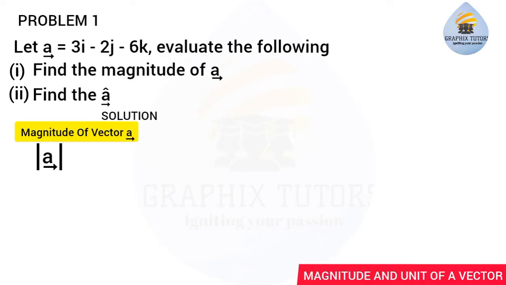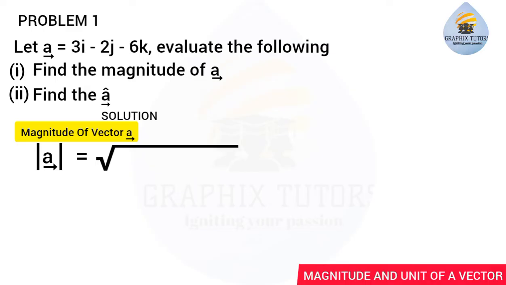It will now be equal to the square root of the addition of the squares of the components of that vector. Now the question is, what are the components of the vector? The components of the vector are the coefficients of what? Of i, j, and k, right?